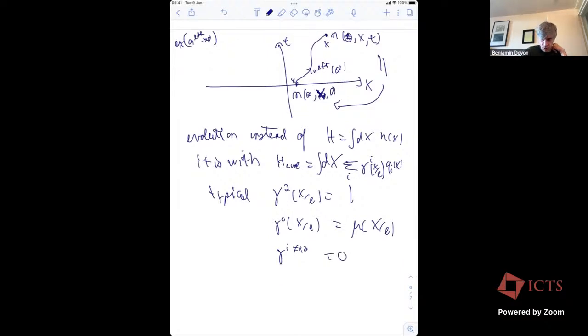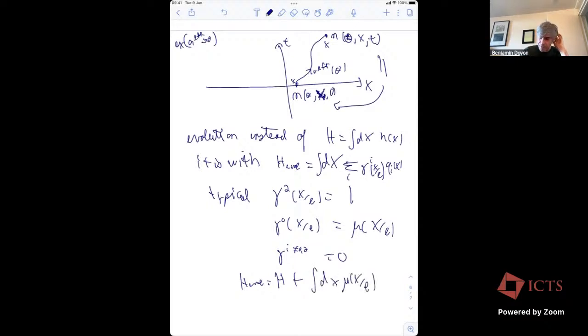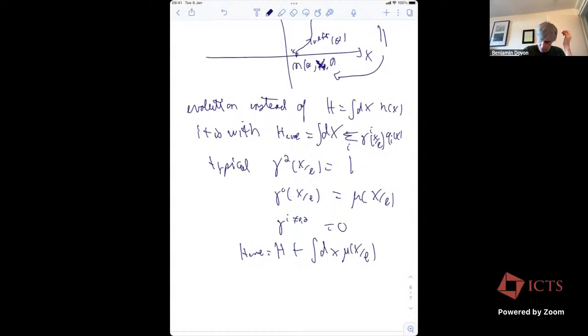What you get is just H_evol equals the original Hamiltonian plus the integral dx μ(x/L) times the particle density, Q_0. And that's naturally what you have in the experiments on cold atomic gases, for instance. So the external magnetic field is the term that they add.